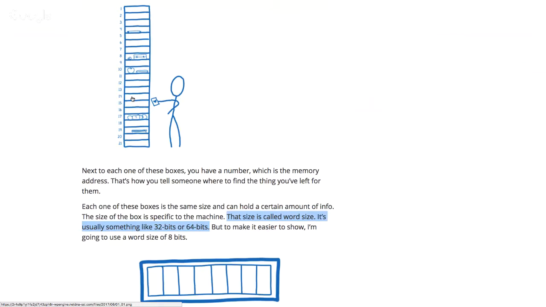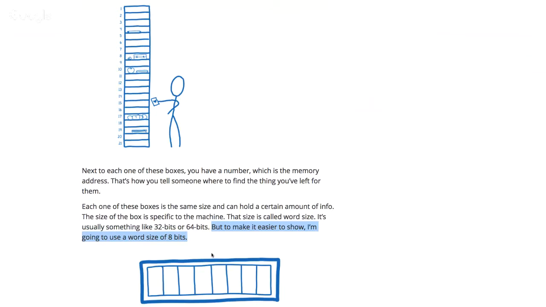Nowadays, most desktop operating systems are 64 bits, so I'm guessing each memory slot will be 64 bits and can store 64 bits of information. But to make it easier to show, I'm going to use a word size of 8 bits.